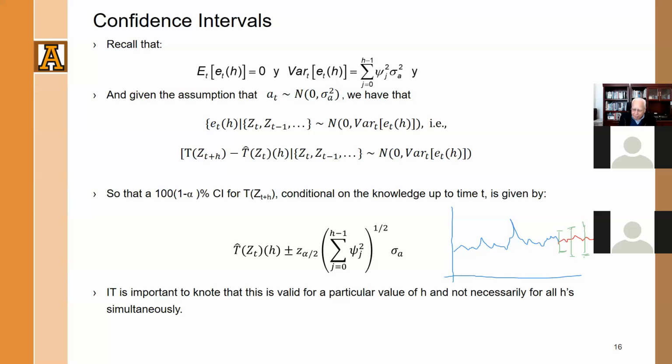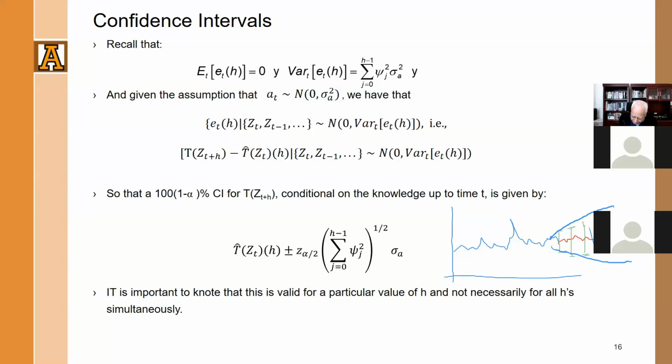A band, if we were to compute a band, would look something like this. Let me choose a different color here. If these were bands, we'd have something like that, maybe. That means the forecast would fluctuate around these bands, but we cannot say that.